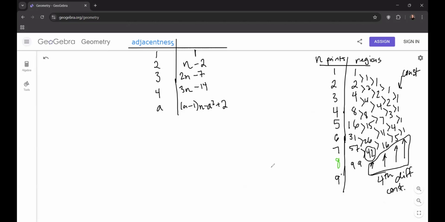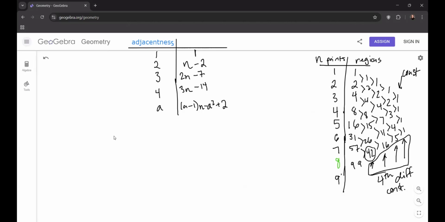If I have something quadratic, then I'm adding a linear term. If I have something that's cubic, I'm adding a quadratic term. So if I have something that is quartic, that means I'm adding a cubic amount to my previous number.